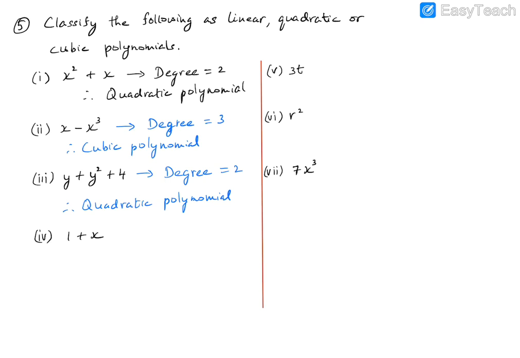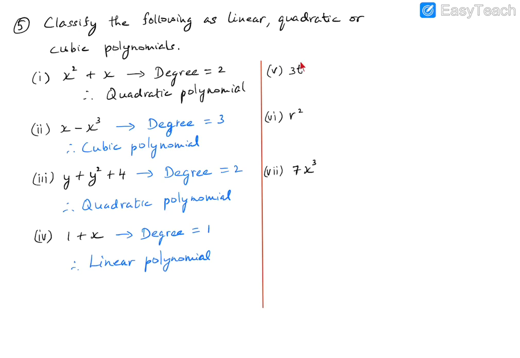How about the fourth one? We have 1 plus x. The highest degree is 1. So if the highest power is 1, that means the degree of the polynomial is 1, and a degree 1 polynomial is called a linear polynomial. So therefore, this is a linear polynomial.